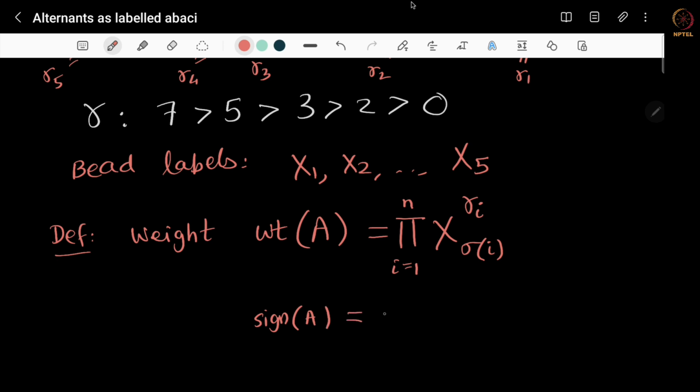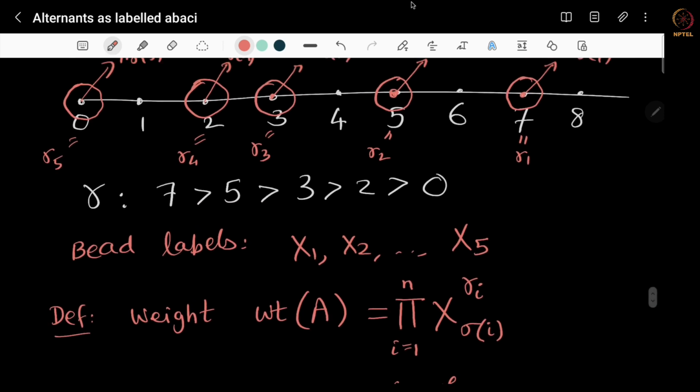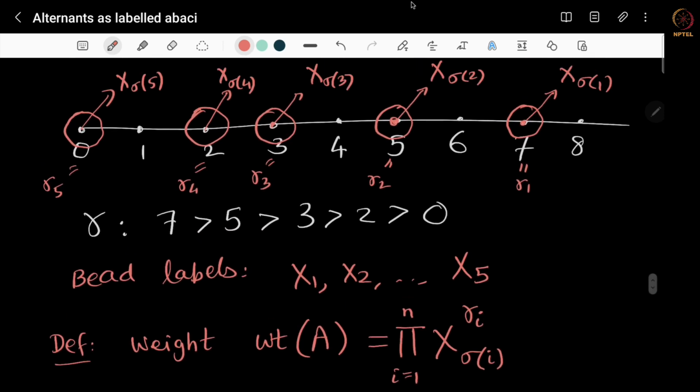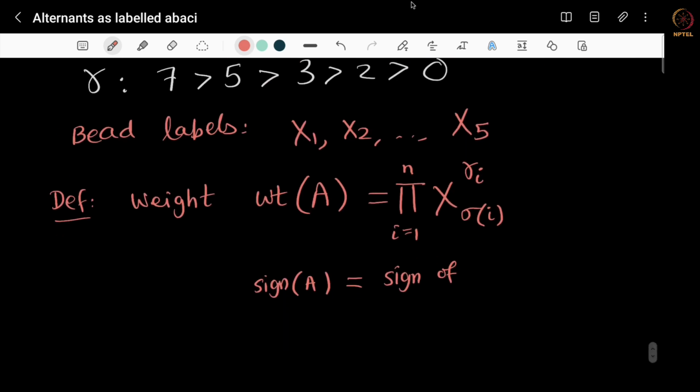Remember you would have put some x sigma i in the gamma ith place. So you look at what bead you placed in which position and you take the product of all that. So the gamma keeps track of the power. That's just the weight of that labeled abacus.